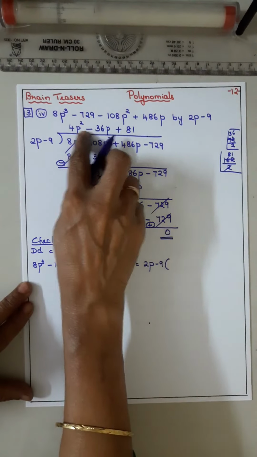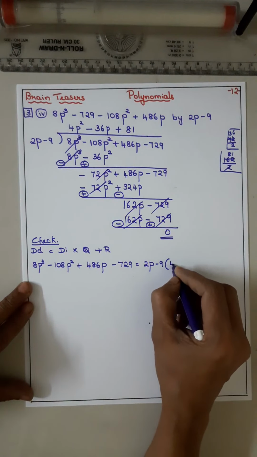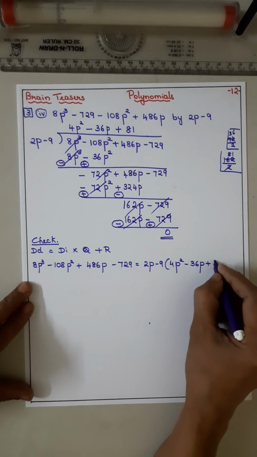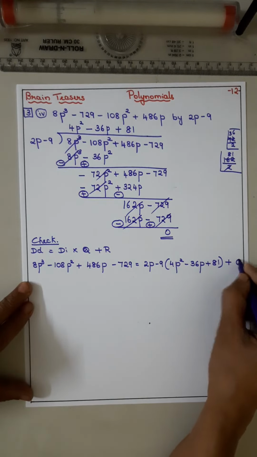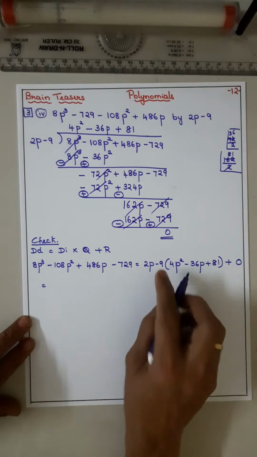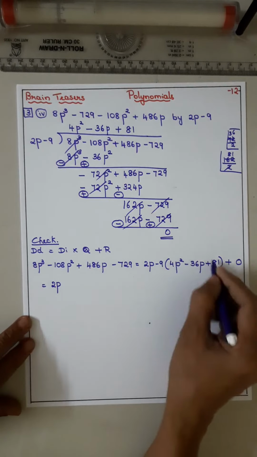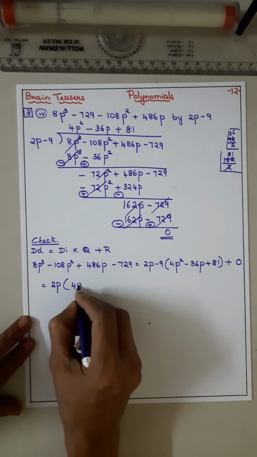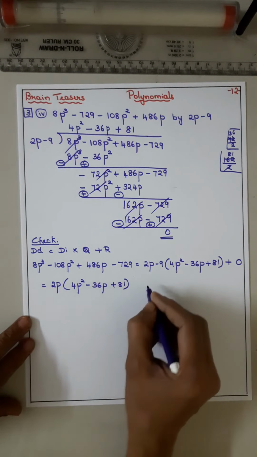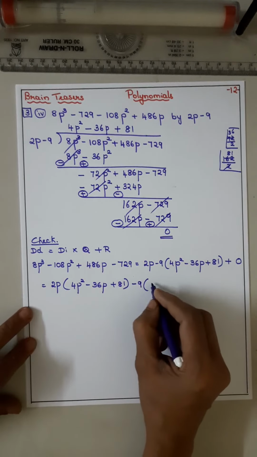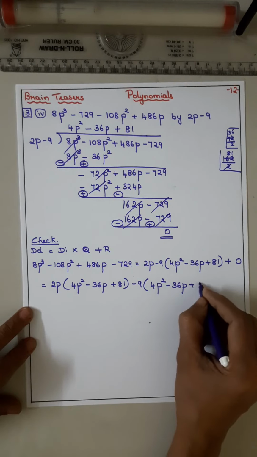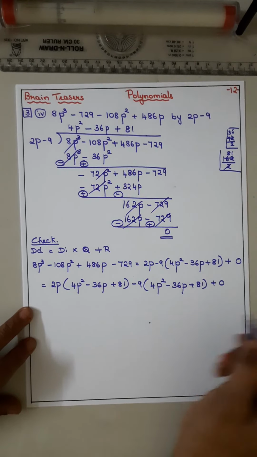Quotient is 4p squared minus 36p plus 81, plus remainder is 0. Now you multiply this one: 2p bracket open 4p squared minus 36p plus 81, minus 9 into 4p squared minus 36p plus 81, plus 0.